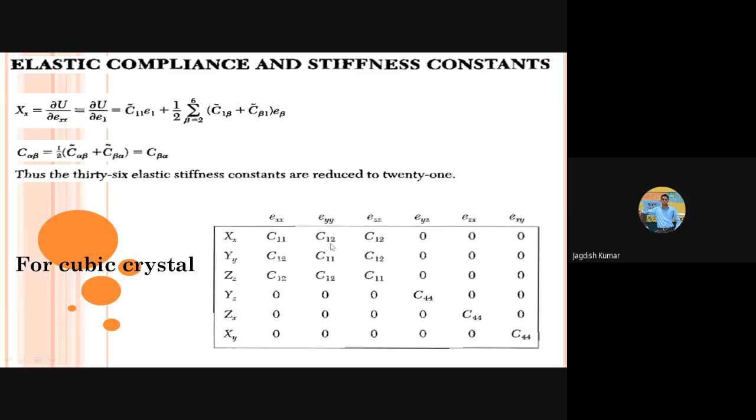Similarly, C12 and C21 will be the same. That is already there because of this. And then all these YZ, ZX and XY are also the same. And all others are 0 for simple cubic crystals. So this you can prove. The reason behind this is the symmetry of the crystal.